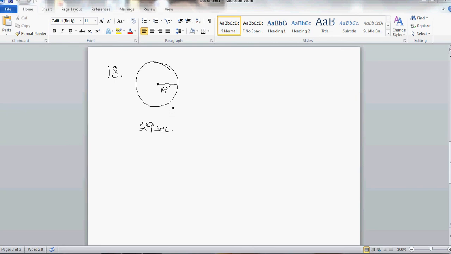What is the linear speed of the carousel at its outside edge? V equals r omega. Okay, so the radius is 19 feet. We go all the way around, that's 2 pi in 29 seconds.